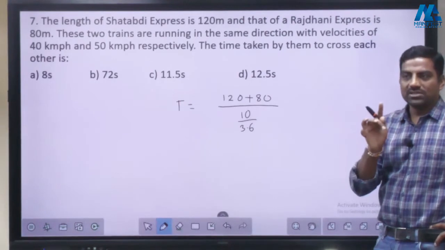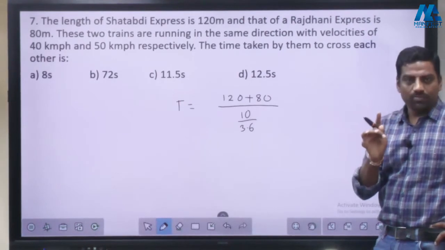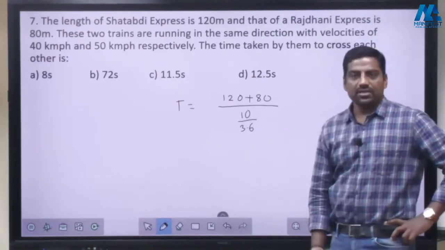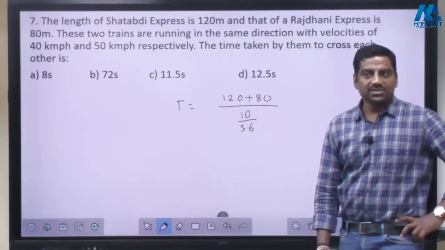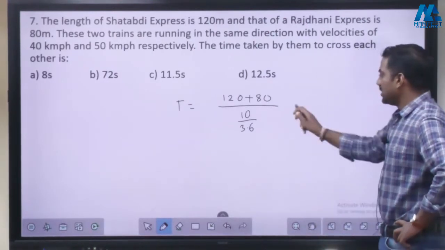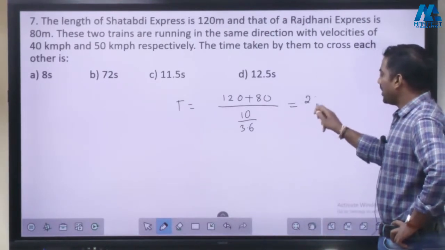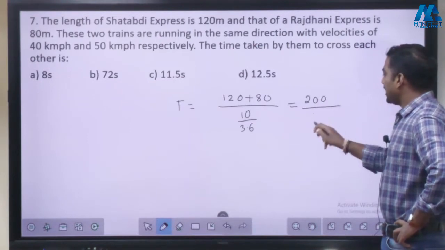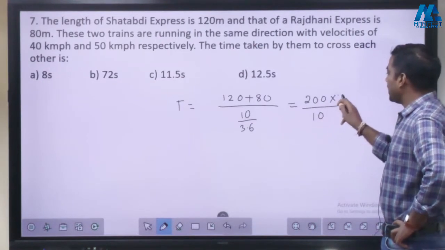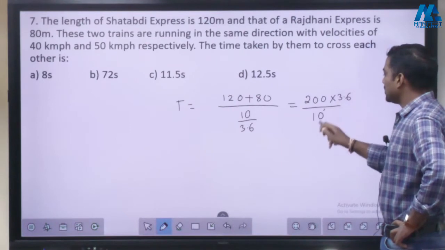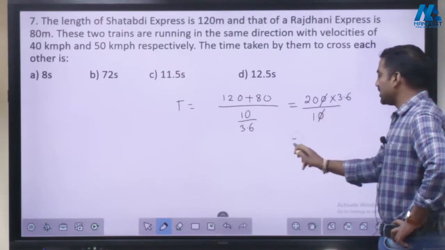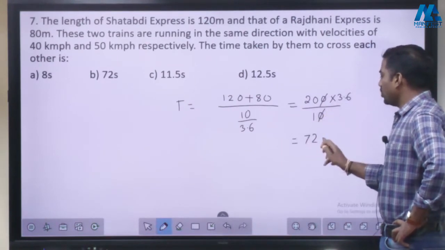The answer will come in decimals, and that will simply confuse you. Only in the last step you take 3.6. Difference is 10, so 10 divided by 3.6. So this becomes 200 divided by 10, and in the numerator 3.6 will come. 0, 0 get cancelled. 20 into 3.6. This is 72 seconds.